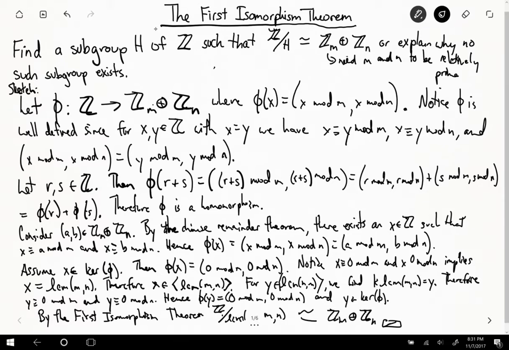Okay. One key caveat though, we're using m and n to be relatively prime. So we added that in, that little piece, just so we could work the problem.